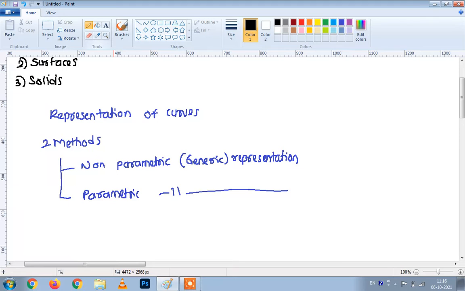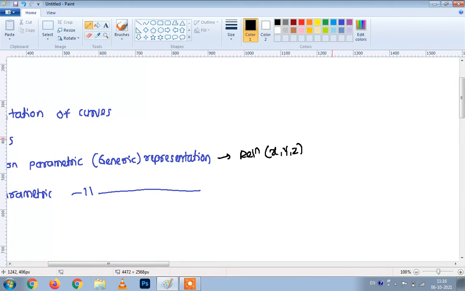Now let's understand what these representations mean. In non-parametric or generic representation, the curve is represented as a relationship between x, y as well as z. Let's take an example of an ellipse. What is the equation for an ellipse?